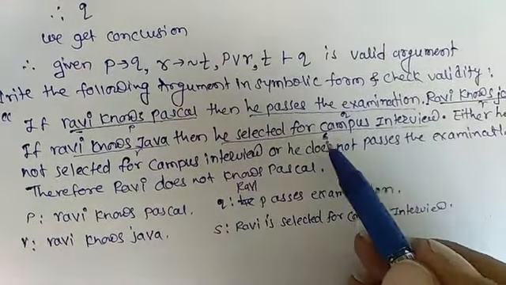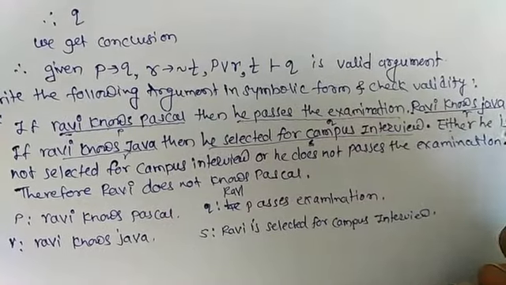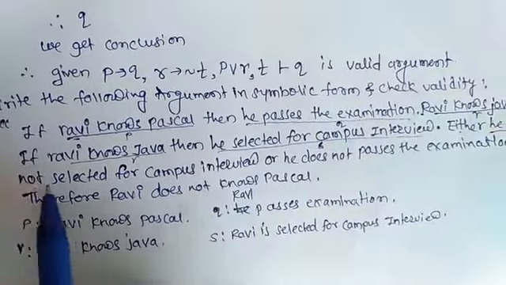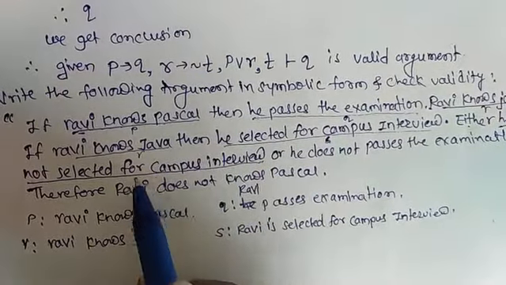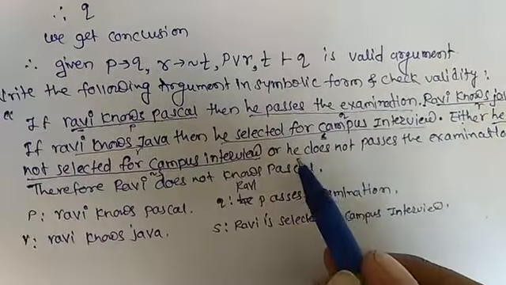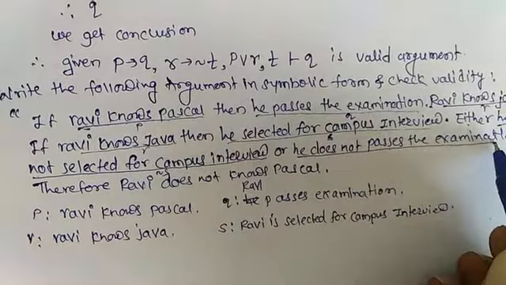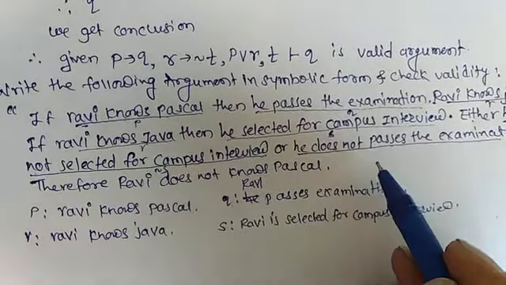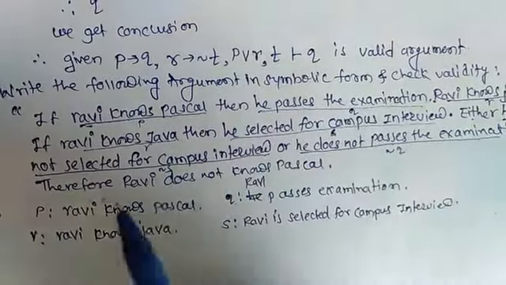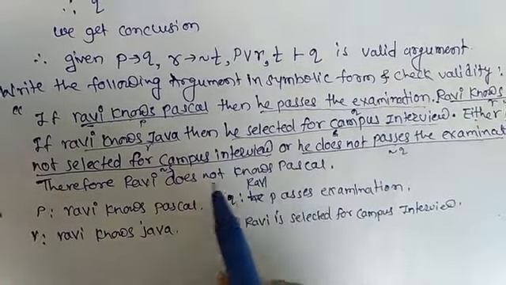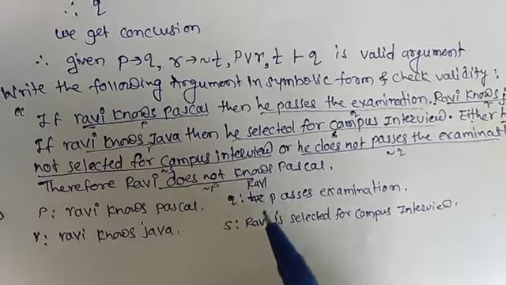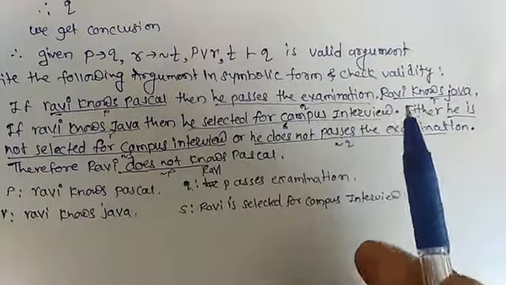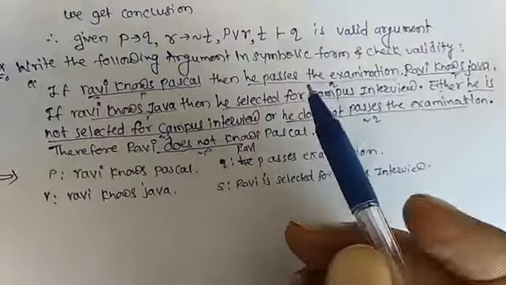Either he is not selected for campus interview, which is negation S, or he does not pass the examination, which is negation Q. And therefore Ravi does not know Pascal, which is negation P. Okay, so we have denoted all the statements in symbolic form.